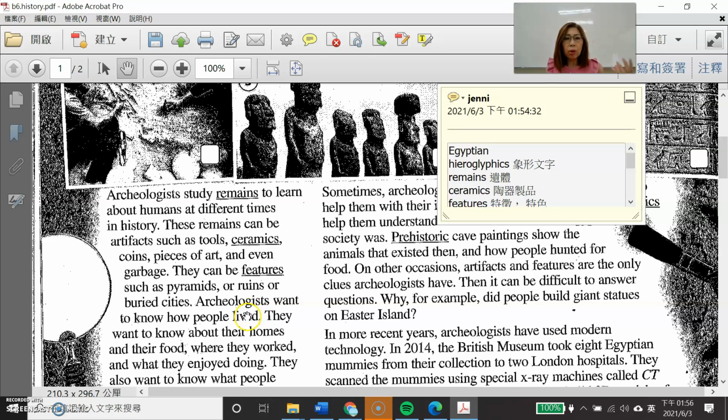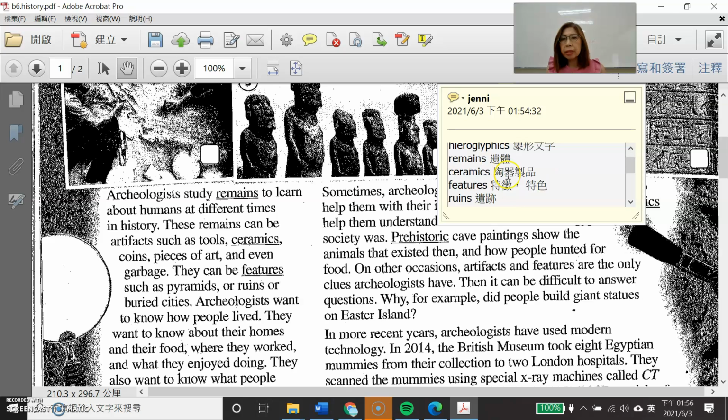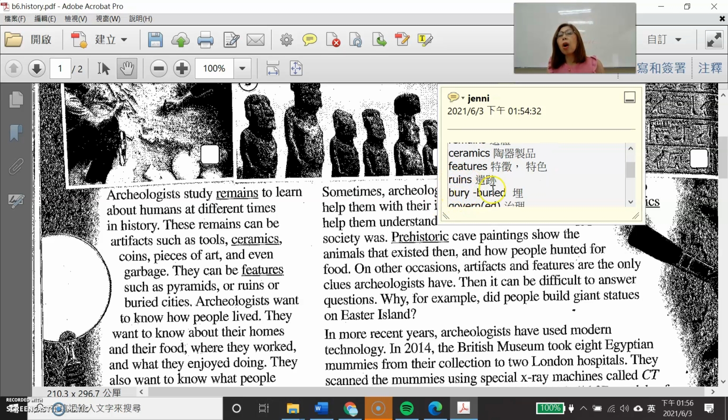or even coins or pieces of art and even garbage. They can be features 特点特色 such as pyramids or rooms or buried city. 这个很重要，bury 这个字常常同学会忘记来，bury, B-U-R-Y. Well yes, it sounds like B-E-R-R-Y like a strawberry, yes, 但是拼字不一样 B-U-R-Y.